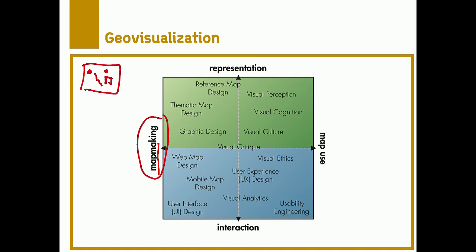And after you can locate point, line, polygon, you can do thematic map design. Thematic map design and graphic design mean we need to be concerned about symbology. What shape should the symbology look like? What kind of color do we need to represent?